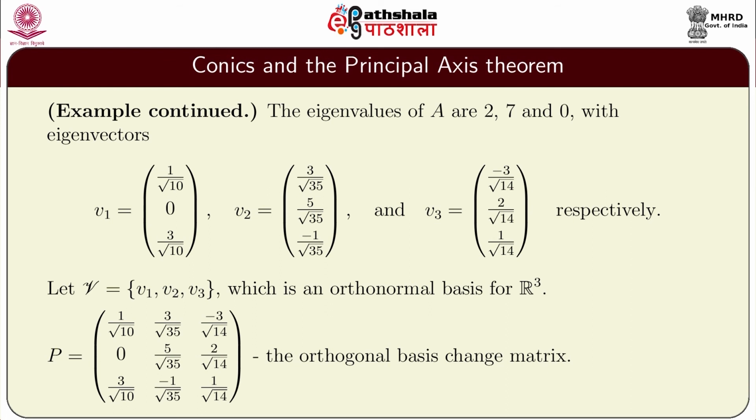Once we have an orthonormal basis, if we put those vectors in the columns, then that gives a basis change matrix and that will be an orthogonal matrix. So, P is created with v1 in the first column, v2 in the second column and v3 in the third column. This is an orthogonal basis change matrix.